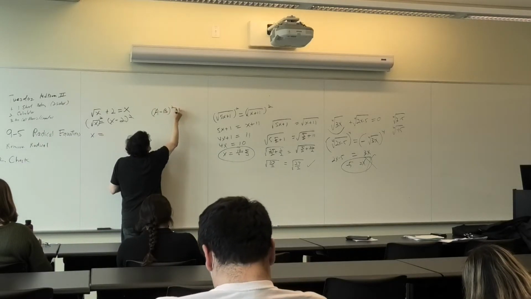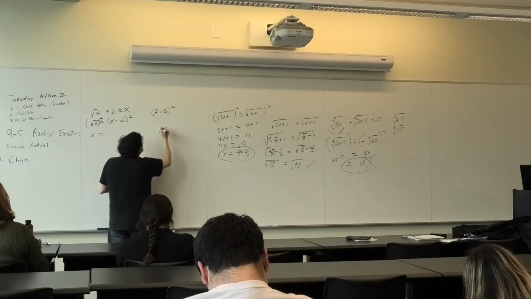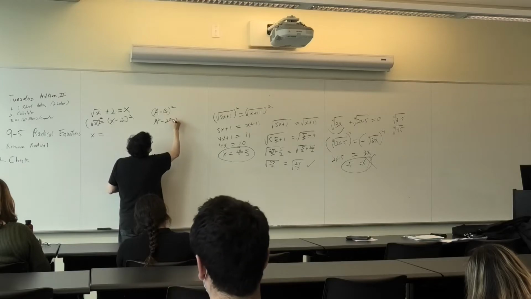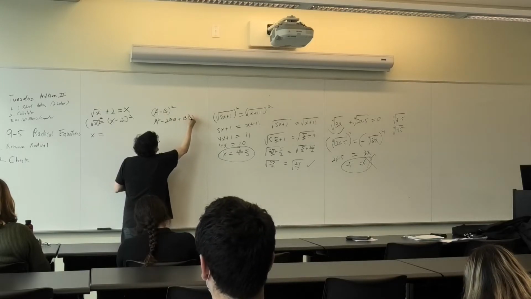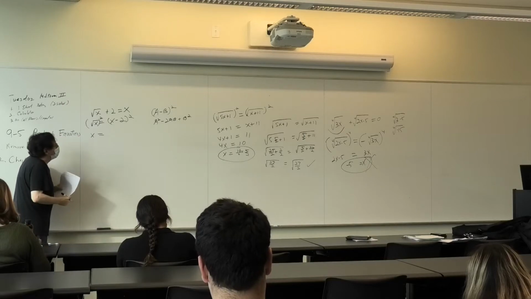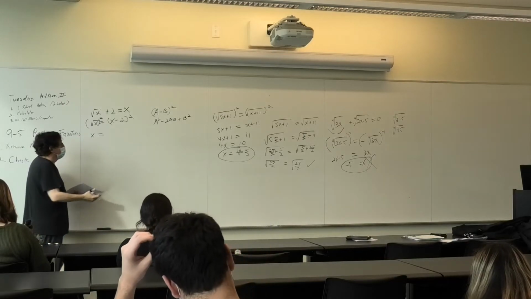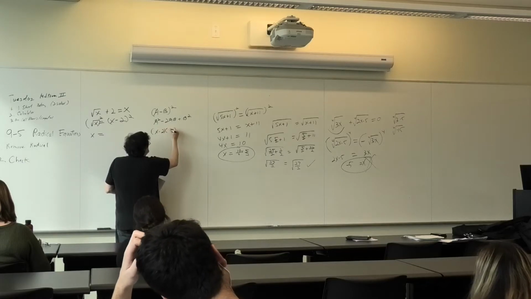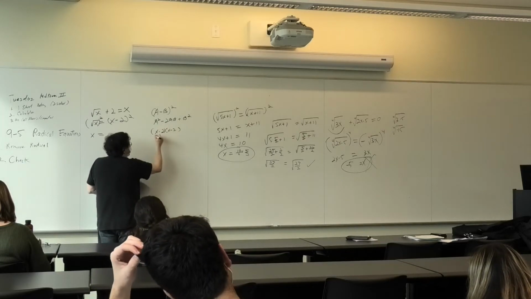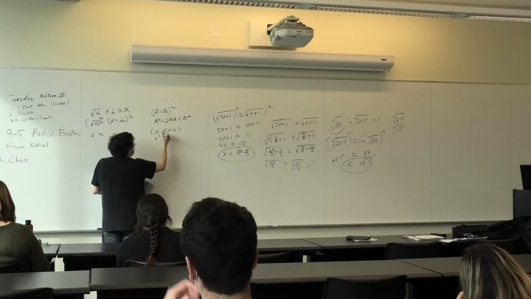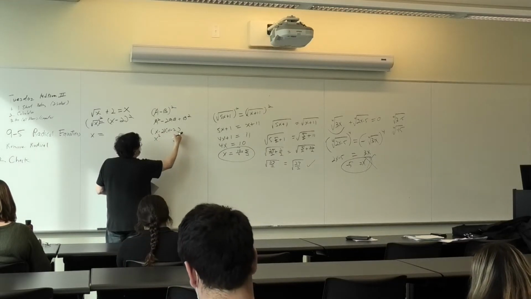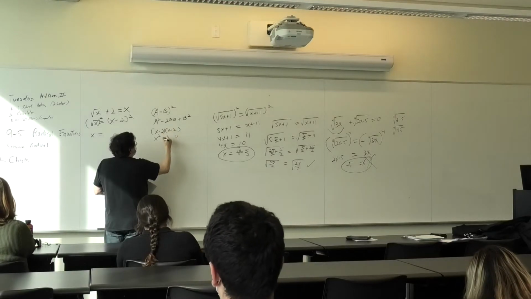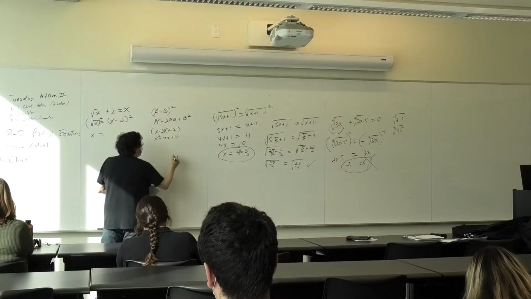This might be something good to put on your note paper. A squared minus 2ab plus b squared can come in handy. Or we could FOIL it. x minus 2 times x minus 2, we could FOIL it. We get x squared. The last is minus 2 times minus 2 is 4. Minus 2x plus minus 2x is minus 4x. Okay?